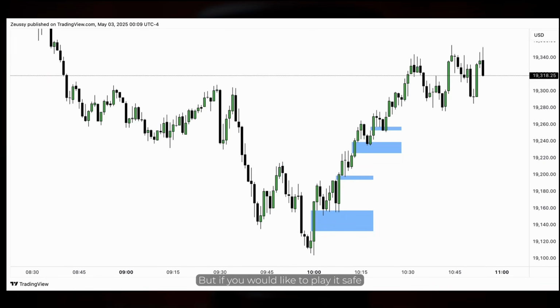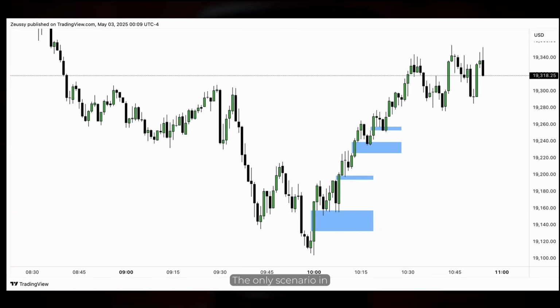But if you would like to play it safe and give it a bit more room, whenever the market retraces into, for example, this fair value gap right here and you decide to take this entry, instead of taking it with a stop loss below this low right here, meaning the first candle's low which set up the creation of this imbalance, you can play it safer by giving it a bit more room and placing a stop loss below the low which formed inside this imbalance. Because we never want to see lows that form inside imbalances be taken out if the market displaced higher.